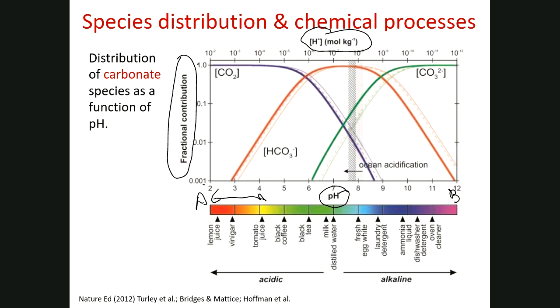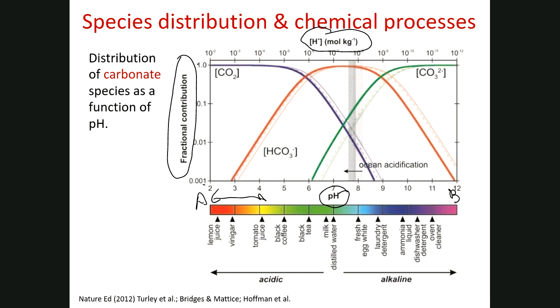You can think of it between 0 and 1, or between 0 and 100, which is a percentage. It is the proportion of carbon in the form of CO2, in the form of HCO3 minus, hydrogen carbonate, and in the form of CO3 2 minus, carbonate.